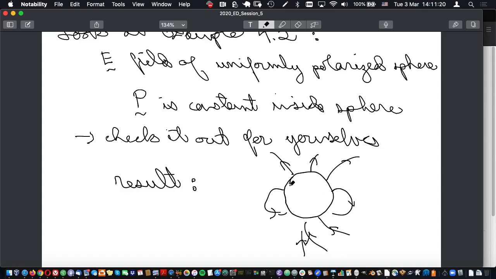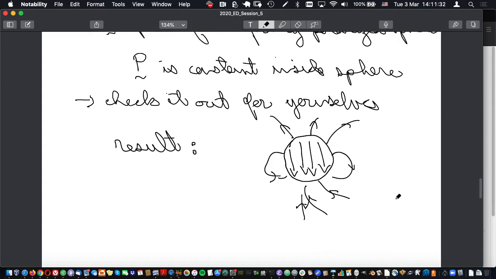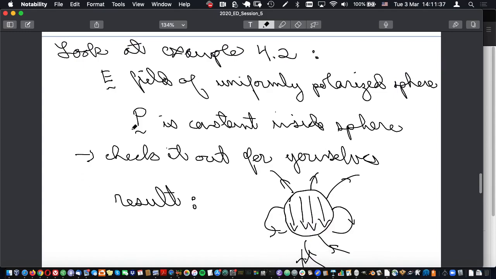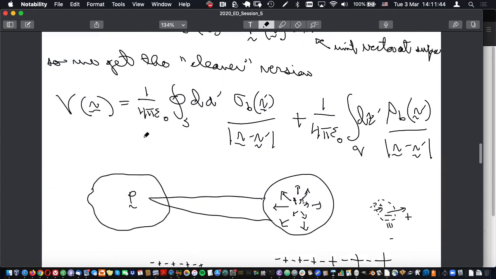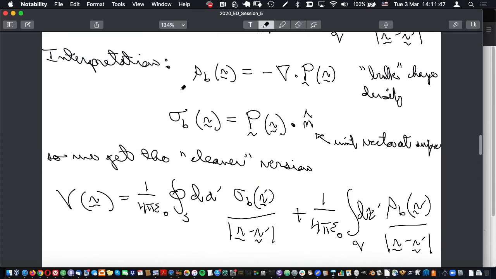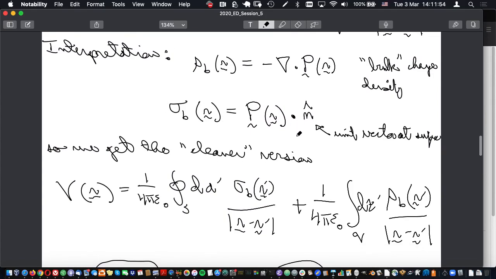And inside the sphere, magically, the field is absolutely constant. You can compute that. The idea is that you just use the expression that I gave you. I give you the polarization, which is constant inside the sphere, and then you can compute the bound charges. The bound bulk charge is 0 because P is constant, and then there's only the term at the boundary.